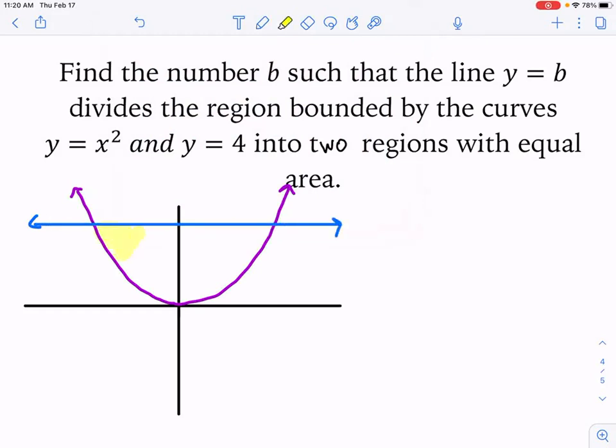So this is our area. And we want to figure out some line, we're going to call it y equals b, that splits this into 2 equal pieces. Ideas.